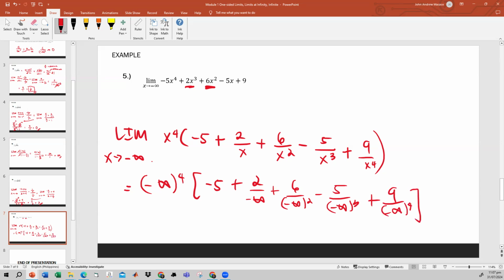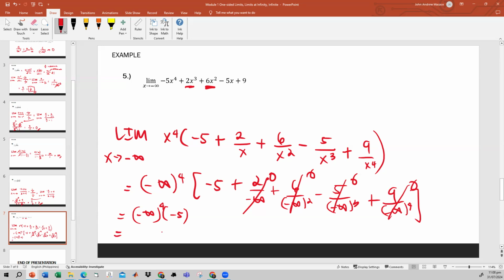So in that case, class, a constant over negative infinity, regardless, will lead to 0, 0, 0, and 0 as well. So what I'll have now is negative infinity raised to 4 times negative 5.